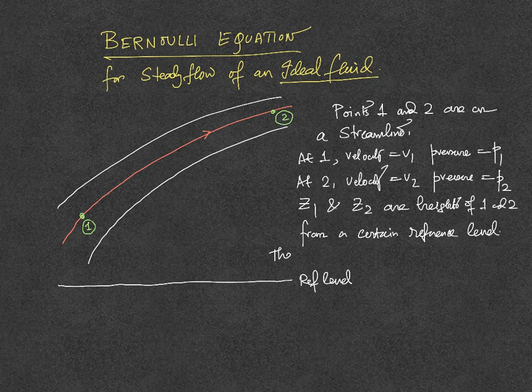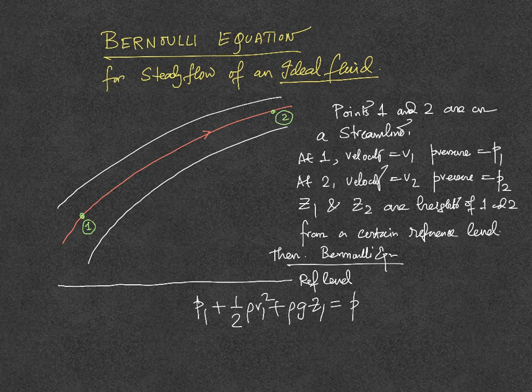then the Bernoulli equation says that P1 plus half rho V1 square plus rho g Z1 is equal to P2 plus half rho V2 square plus rho g Z2. This is the Bernoulli's equation. Still I have not proved it.